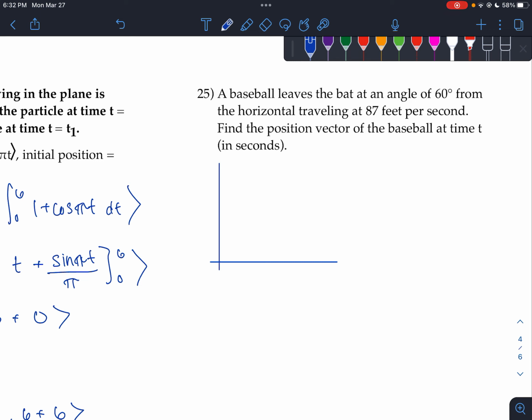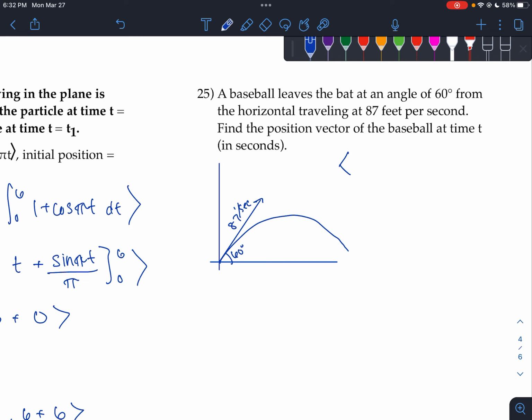So here is the trajectory of the baseball, I guess you can say. And initially, the initial vector, you could say, is hit in the direction of 60 degrees, and the magnitude is 87 feet per second. Okay, so if you were to make your component vector, it is now a vector function, not a constant.